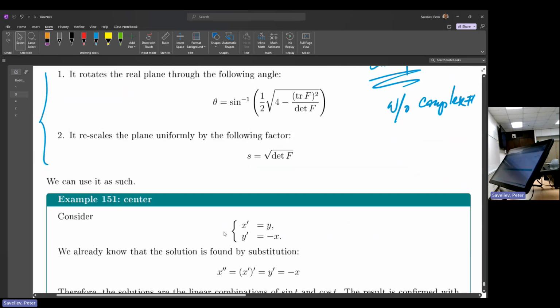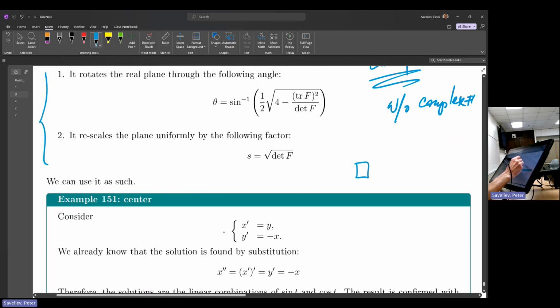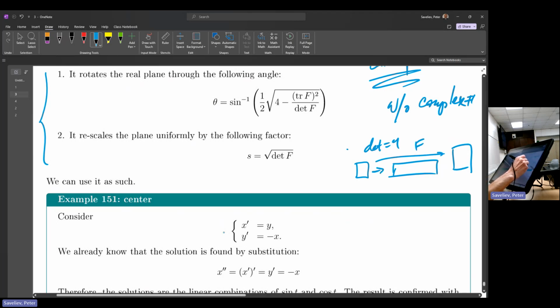So then the rescaling factor is the square root of the determinant. Remember what the determinant was in the first place: it is the scaling factor of the area. Say the determinant is equal to 4, then you produce either 1 by 4, or 2 by 2. You don't know which of the two it produces, but nonetheless it is the resizing factor of the plane.